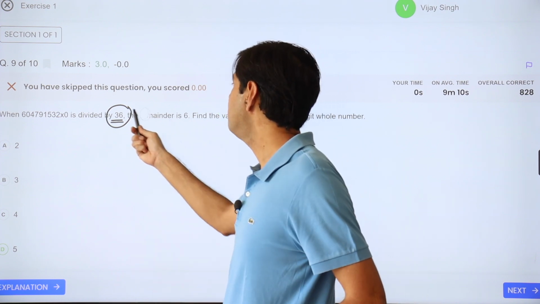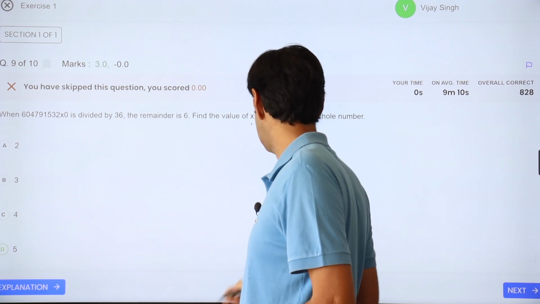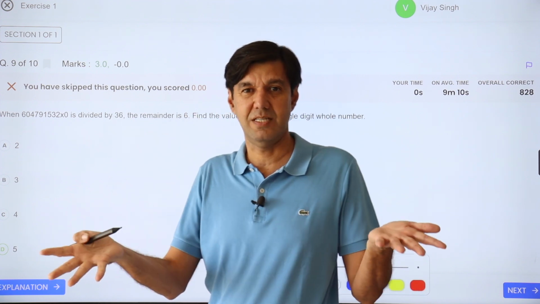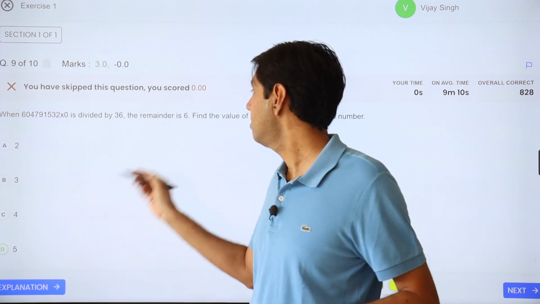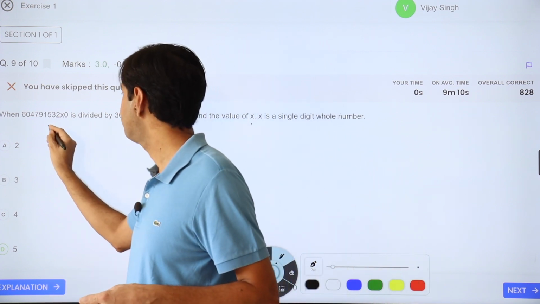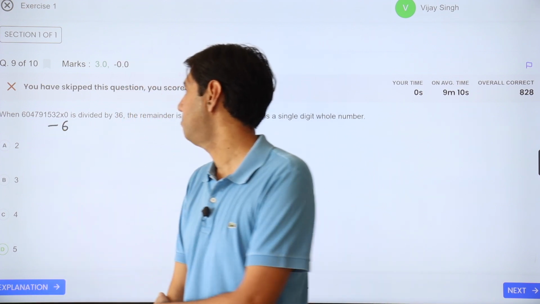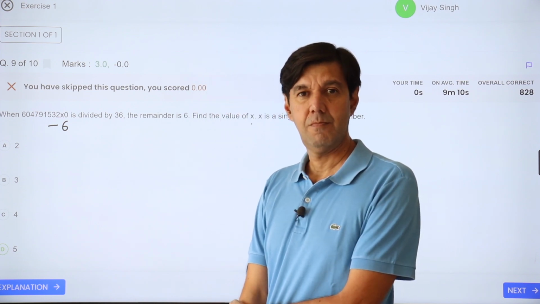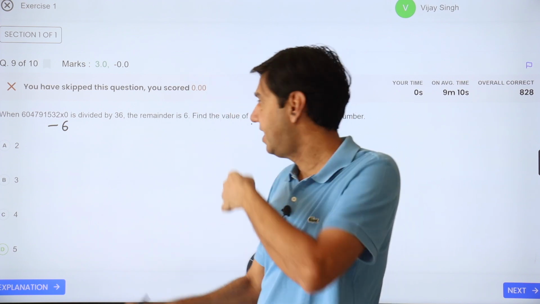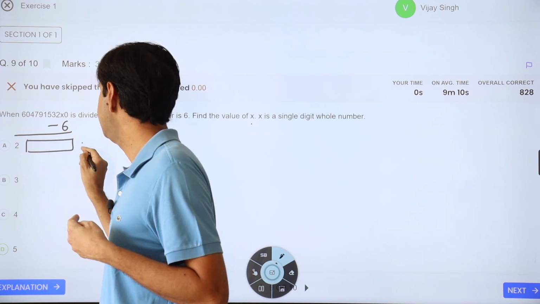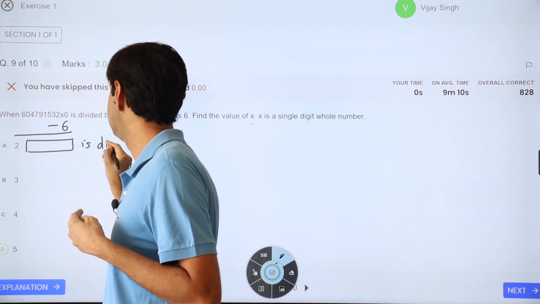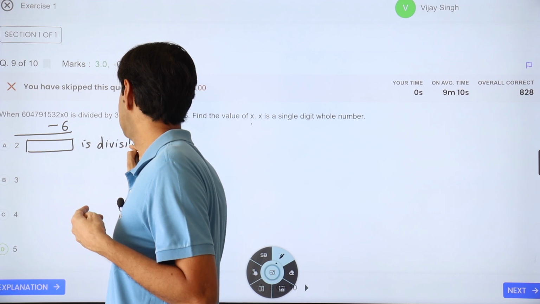So now here you would need a basic idea of what remainders are. You know the process. Remainders are what is left over when you divide. So if I remove this 6 from this number, then what will be left over is completely divisible by 36.